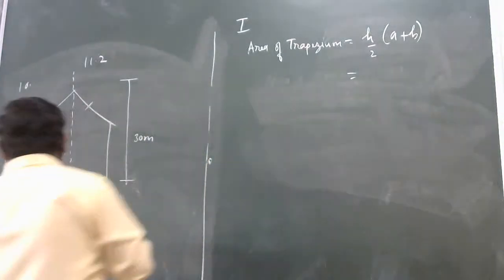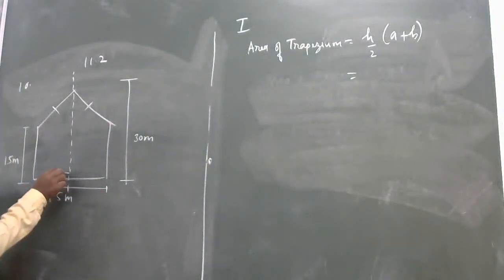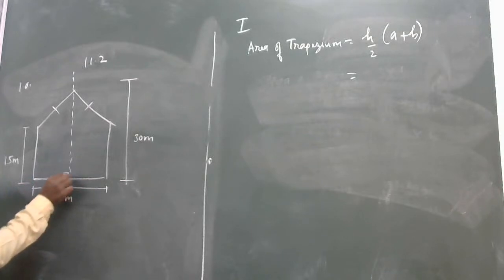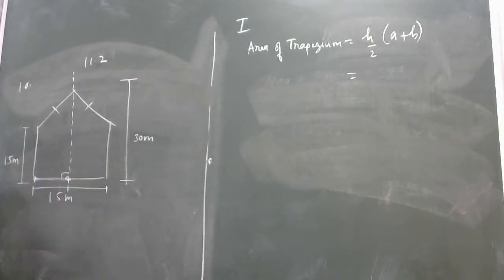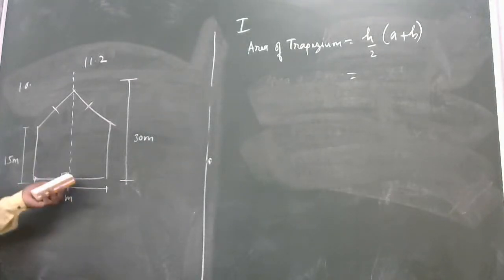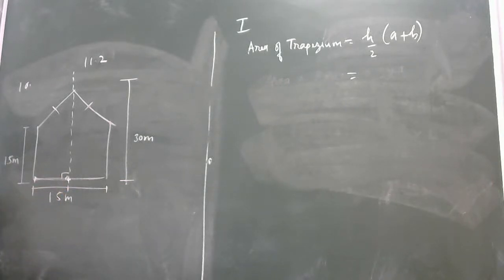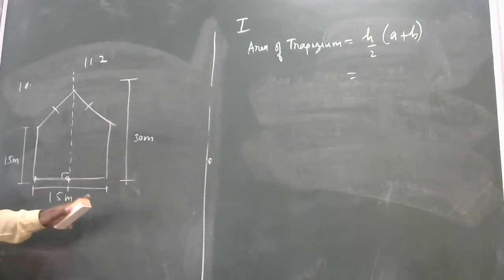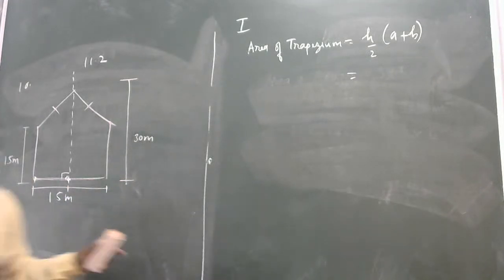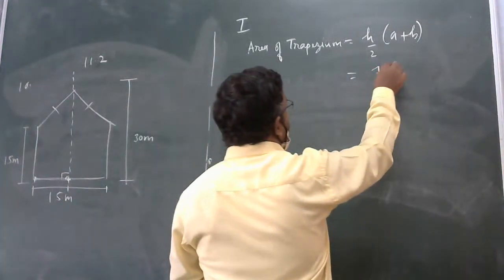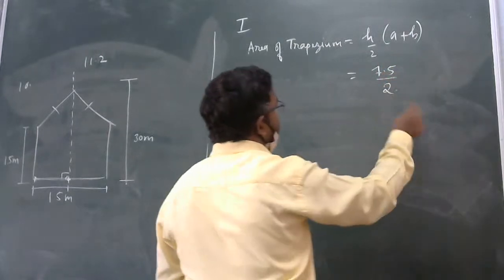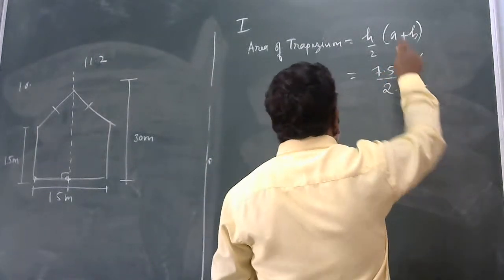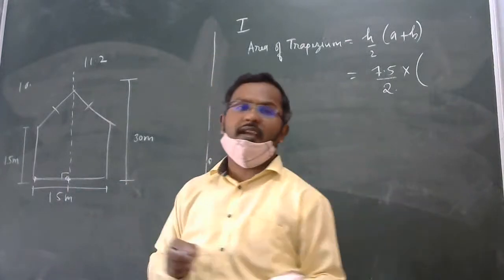We have taken this as the height, from here to here. What is the length of this distance? 7.5. The total is 15, and we are taking only half of that. So the height is 7.5, divided by 2 into a plus b. What are this a and b?